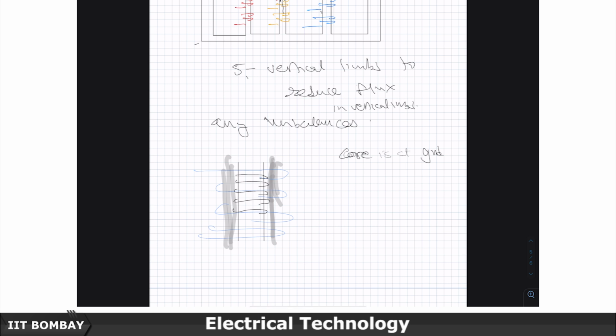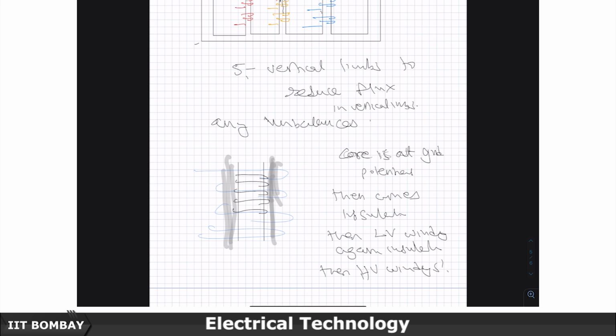So the core is at ground potential, then comes insulation, then LV winding, again insulation, then HV winding. So this way the gradient of the voltage is proper.